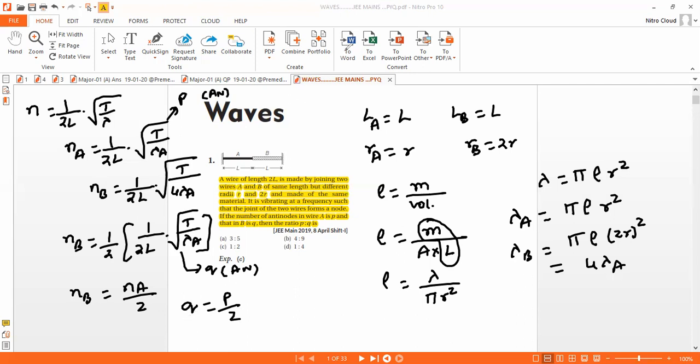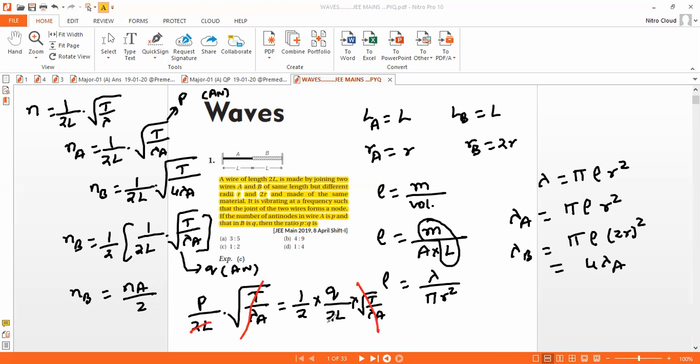For P number of antinodes, we can write the frequency of A as P by 2L into under root T by lambda A, which is equal to 1 by 2 times Q by 2L into under root T by lambda A. Upon calculation, we get P is equal to Q by 2.